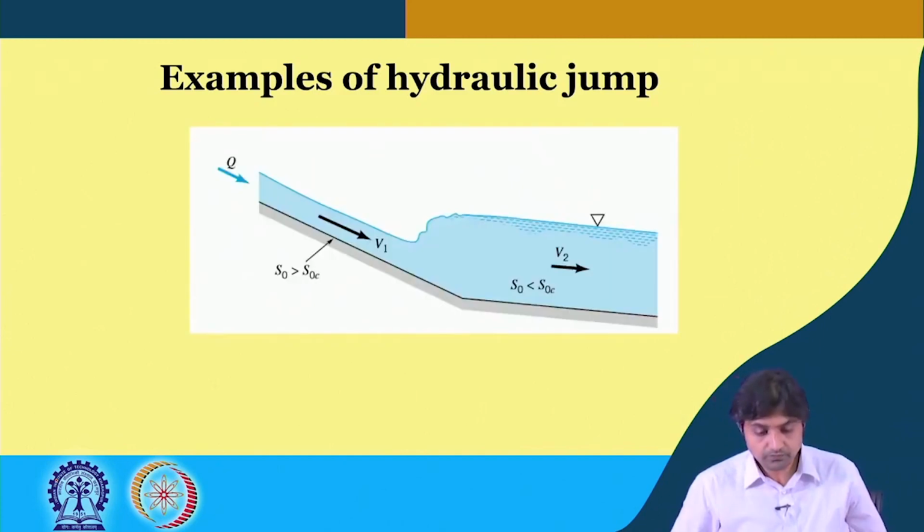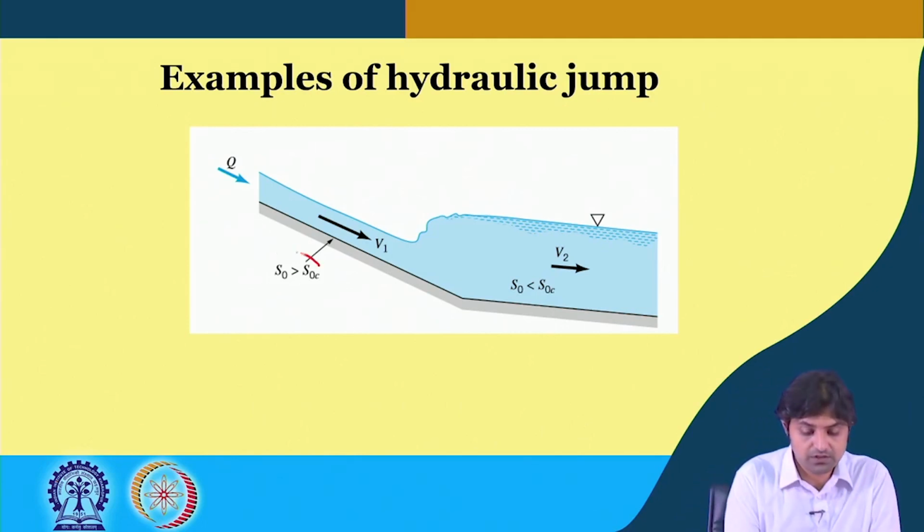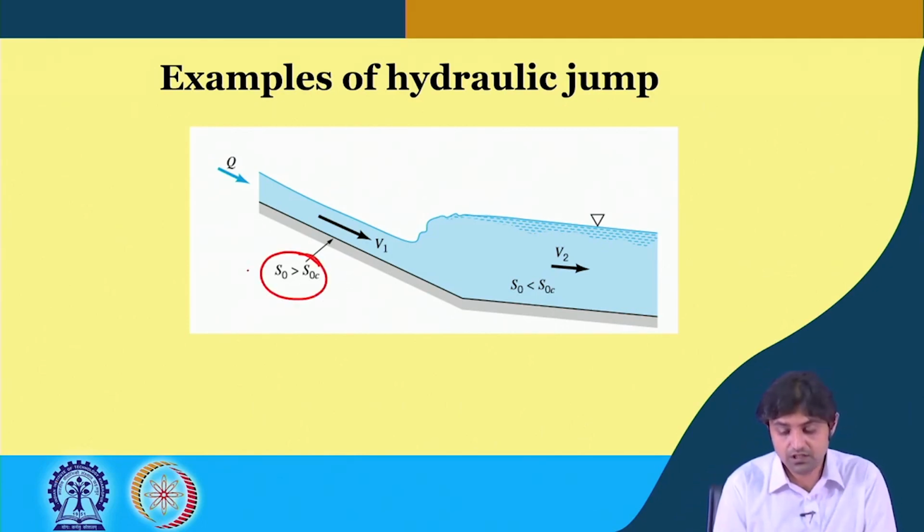So, this is some example of a hydraulic jump. There is a constriction, and when it falls down, when S naught is greater than S naught C, the water depth increases.